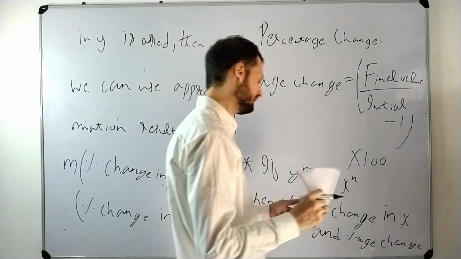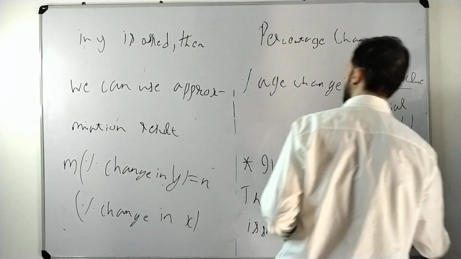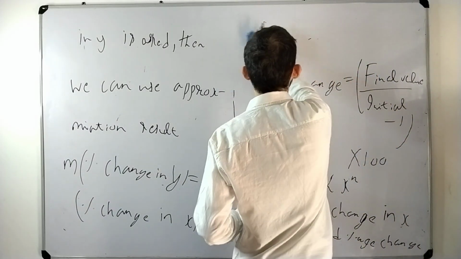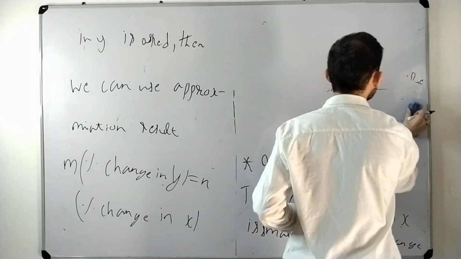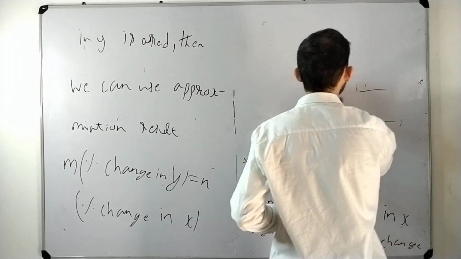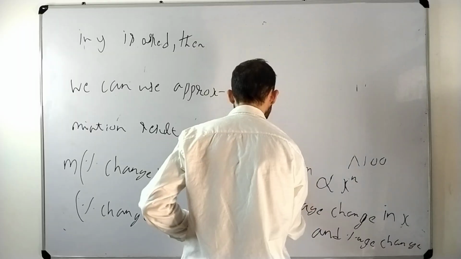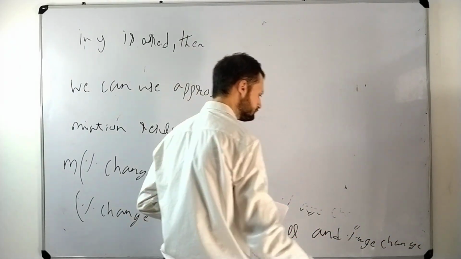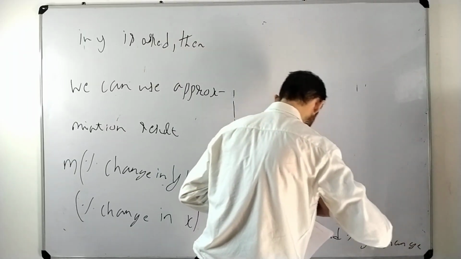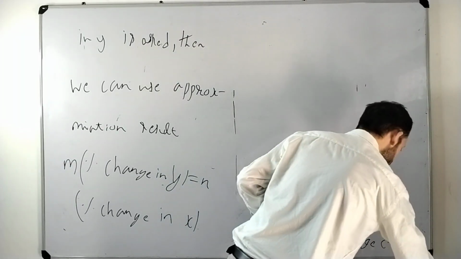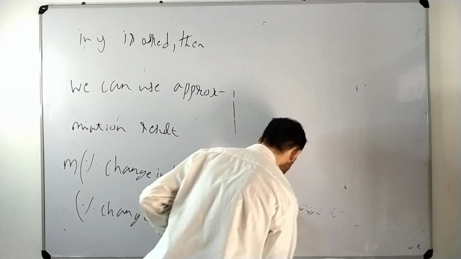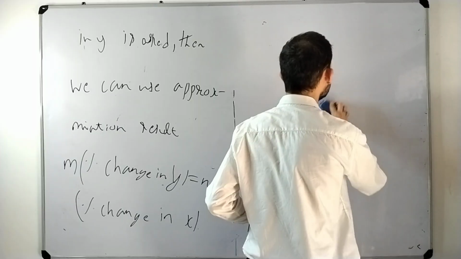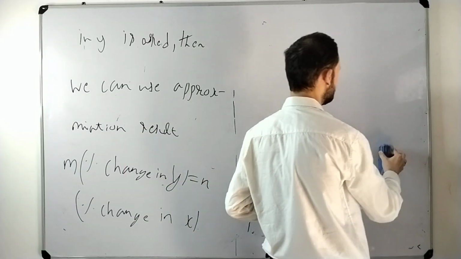Okay, the next numerical on it. So one numerical will explain everything.